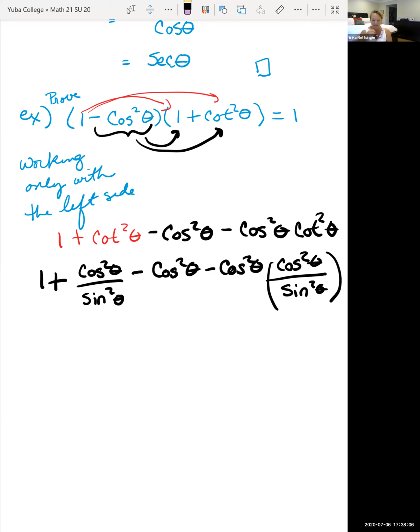Notice that nothing is going to cancel here. I don't like that. So next I would get a common denominator. Our common denominator is just sine squared theta. So our LCD is sine squared theta.